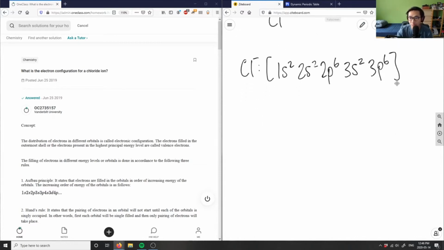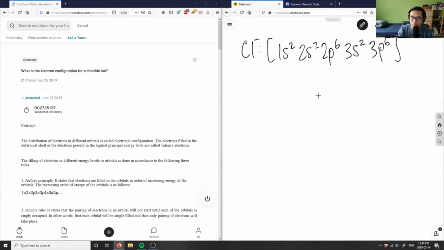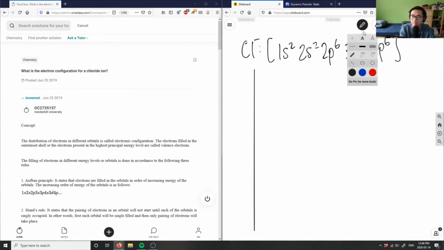If you want me to draw the energy level diagram, I can also do that. Let me use some lines here so it's nicer for you all. So here is our energy. I'm going to start off with a 1s. 1s is going to have both electrons, and then I have our 2s, which is also filled.